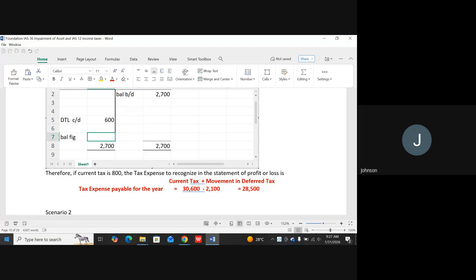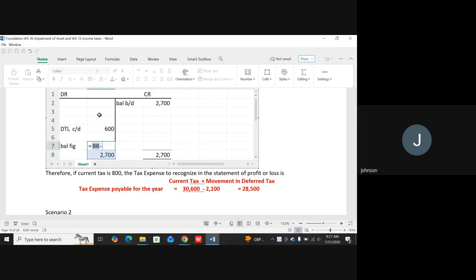So how do we do that? We say equal to this value that is here, then minus. Don't just go and click on this side like this. Don't do that lazy man work, okay? Most times you're not going to have only one figure. At times, this is your debit side, and you could have many transactions.